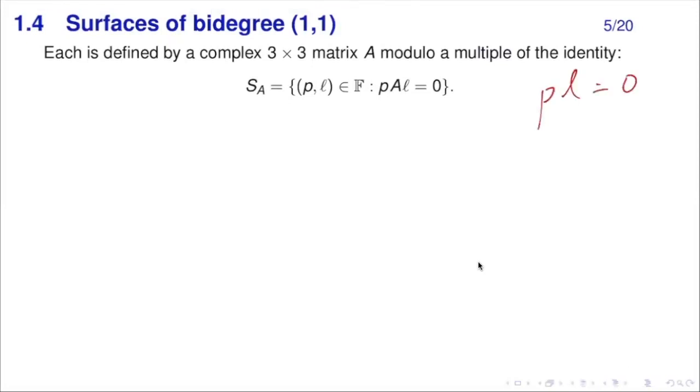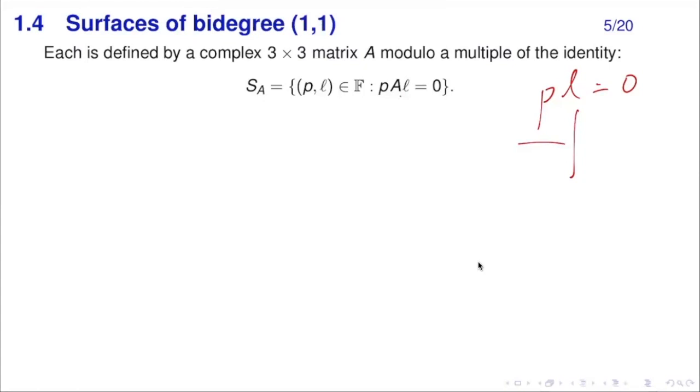P, remember, is a row vector and L is a column vector. But if we insert a matrix in the middle, then this will define a surface in the flag manifold corresponding to this 3 by 3 matrix A. And that will be a surface of bidegree 1, 1.